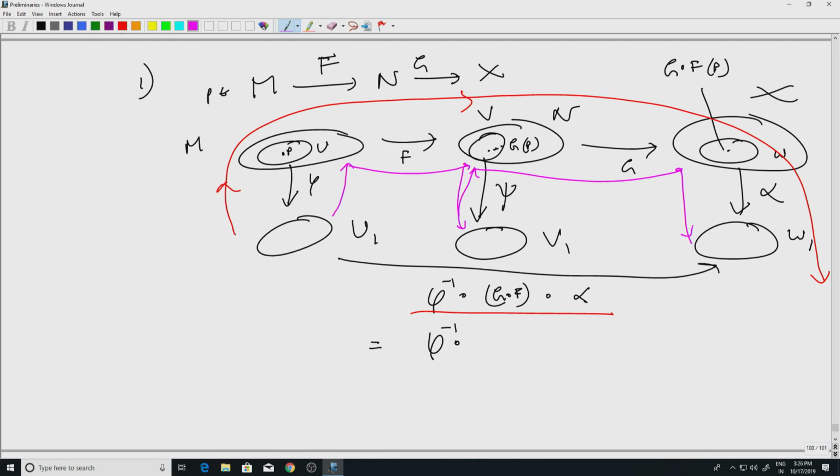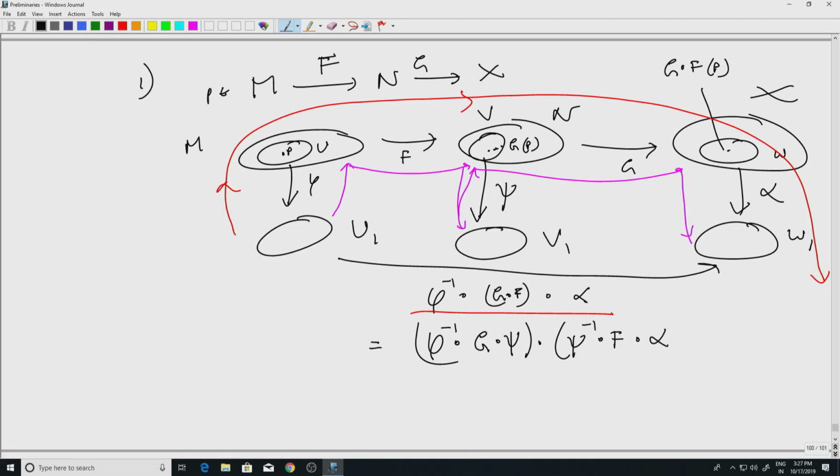So in other words, I throw in this C and C inverse in between. So let me write it like this. G composed with C composed with C inverse composed with F composed with, oh, I need a C. Yeah, this is fine.